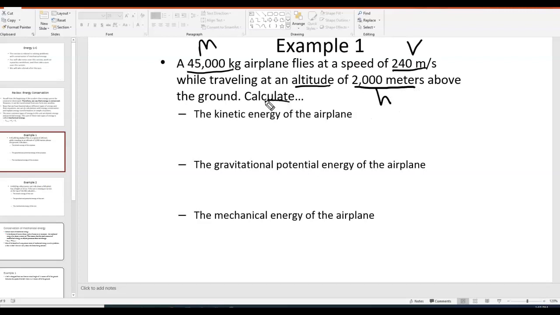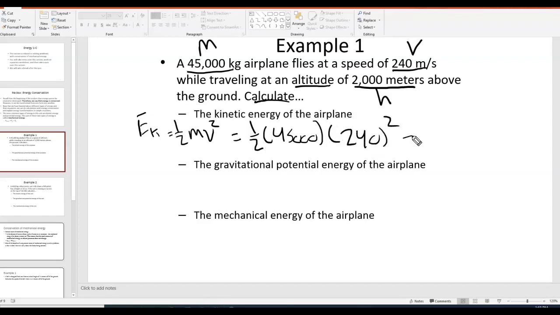Now the first thing says calculate the kinetic energy of the airplane. Well, kinetic energy is energy of motion, and that's just 1/2 mv squared. So this is a very simple calculation. That's going to be 1/2 times 45,000 times v, which is 240 squared. I'm just going to type all this into my calculator. It is going to be a very big number, but that's to be expected because it's an airplane.